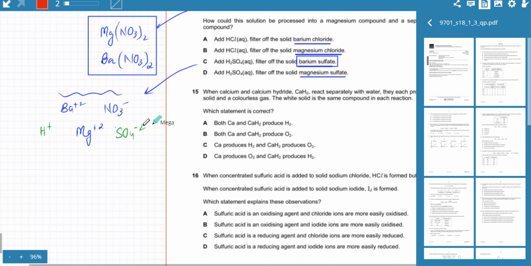So this is ionic precipitation. If you have barium nitrate and magnesium nitrate, they're all soluble. If compounds are soluble, they all dissociate in the aqueous state. Sulfuric acid is also soluble and will mix with water to form H+ and SO4 2- ions, and your solution would have all these ions just roaming around.